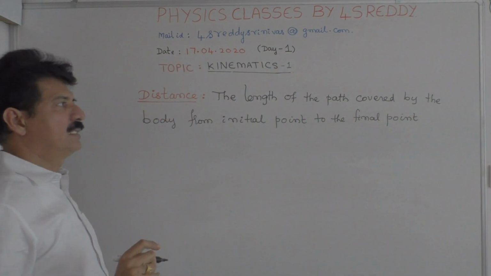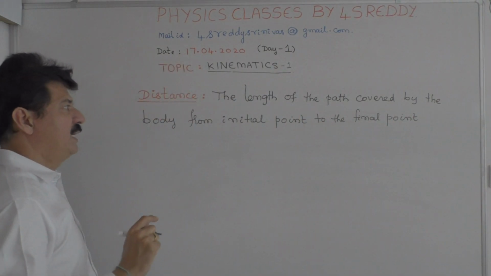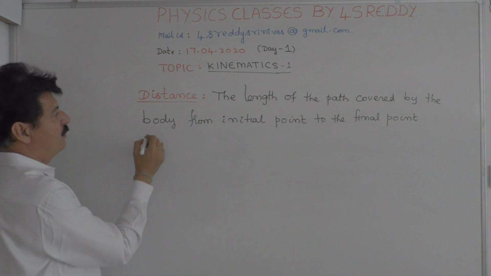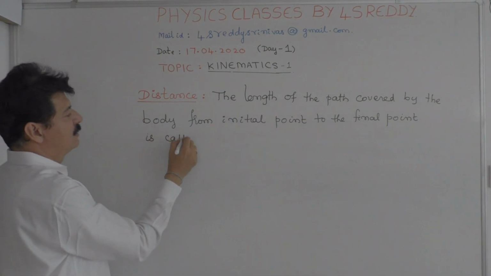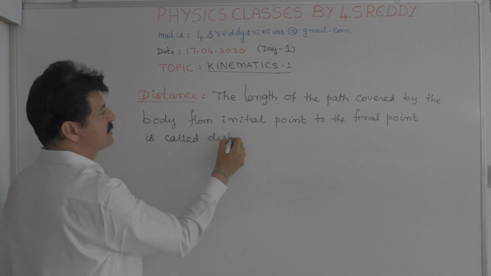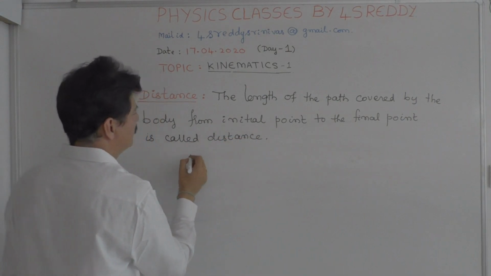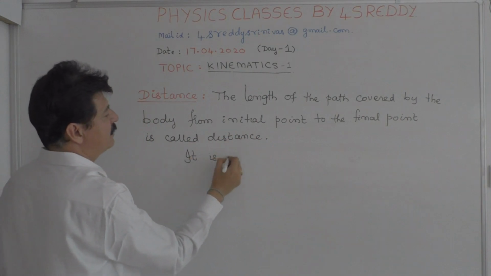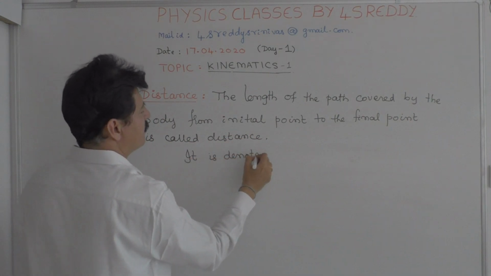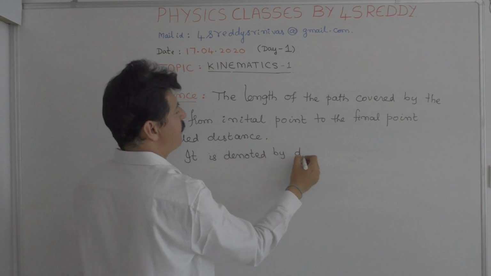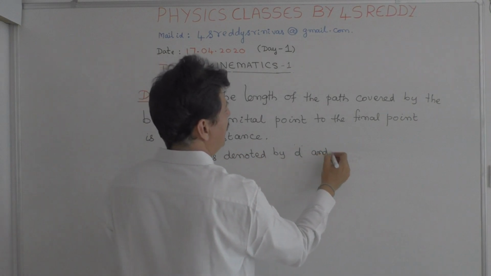The length of the path covered by the body from the initial point to the final point is called distance. It is denoted by small d and is a scalar quantity.